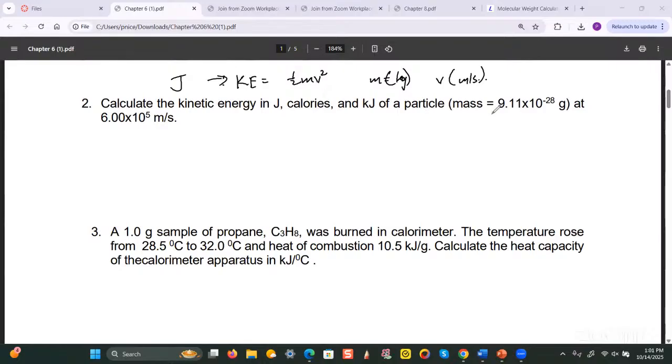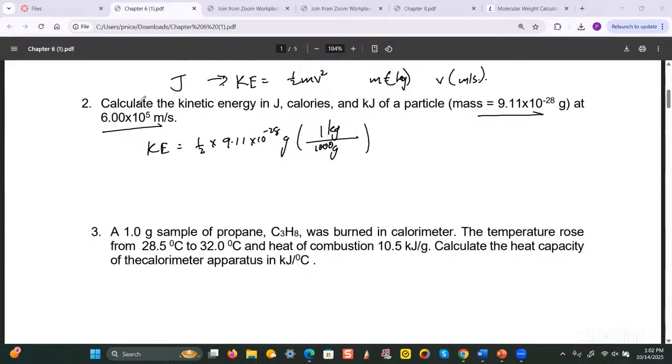So in this particular case, they gave you the mass of a particle and they gave you the velocity, right? So the kinetic energy in this case would be half of the mass. Now they gave you the mass in grams, so you have to convert that to kilograms. 9.11 times 10 to the minus 28 grams. You have to convert that to kilograms, which means you have to multiply this by 1 kilogram divided by 1,000 grams.